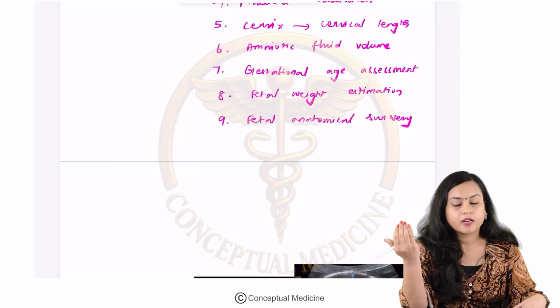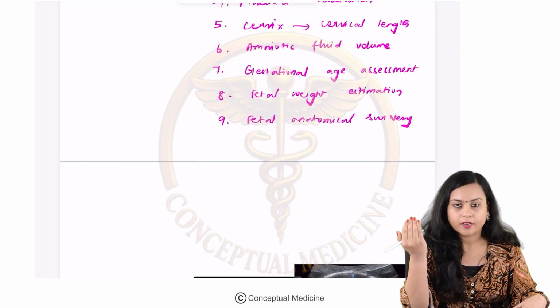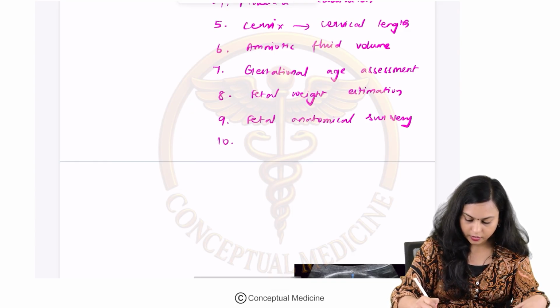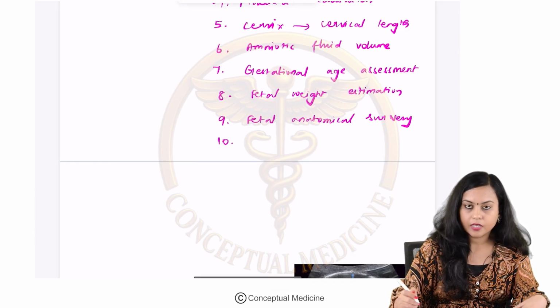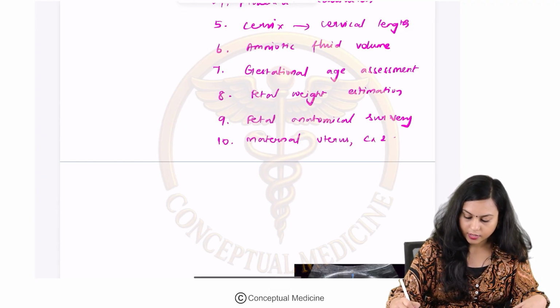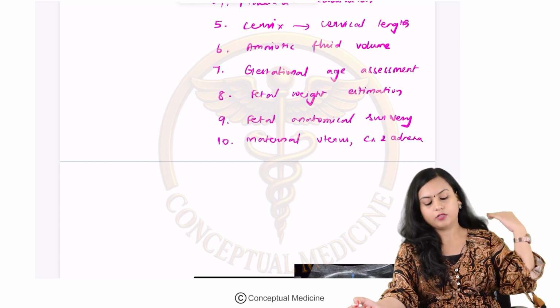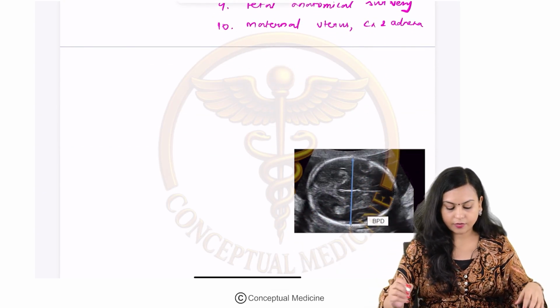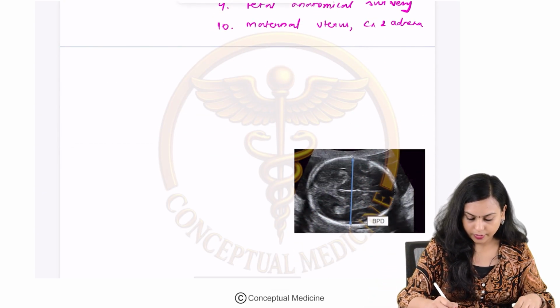A targeted anomaly scan is usually done in the second trimester. And not the least, at this time you will also be able to assess the maternal uterus, cervix, and even the adnexa when needed. So these are the things, and we'll start with fetal biometry.